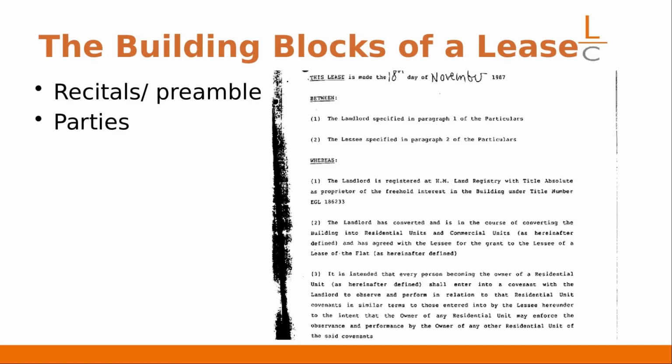And they can be really useful because if there is within the main part of the lease some kind of discrepancy or something that's not terribly clear, those recitals can be a really useful indication when it comes to construing that lease, because those recitals essentially provide you with relevant context at the time when the lease was executed.